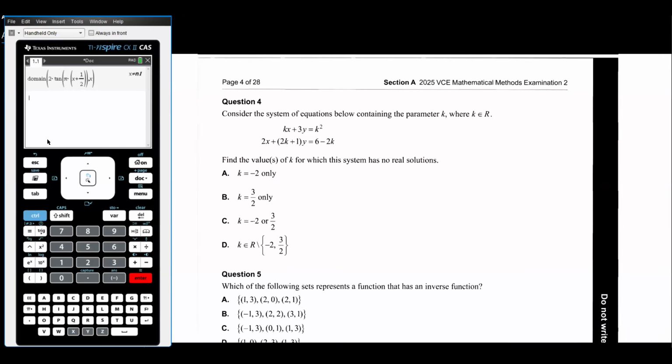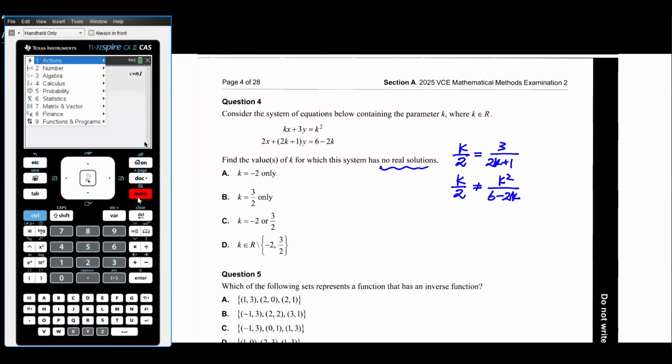Question 4, system of equations, no real solutions. So I'm going to use k divided by 2 equals 3 divided by 2k plus 1. If these two ratios are equal to each other, that means the two lines have the same gradient. But meanwhile, I don't want either of them to be the same as the last ratio because I just want different straight lines.